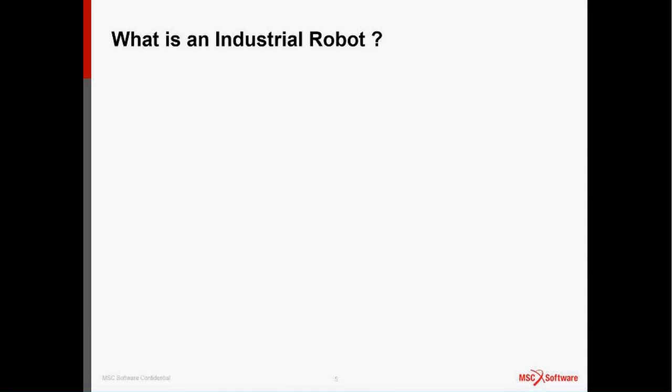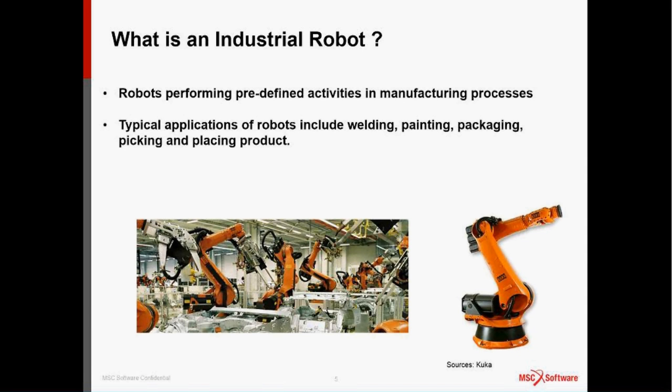So today's topic is more specific to the industrial robot. What is an industrial robot? An industrial robot is a robot that performs predefined activities in the manufacturing process. We would categorize that as two different types of manufacturing processes. The first type is picking or placing products, which does not involve much of the manufacturing process itself.